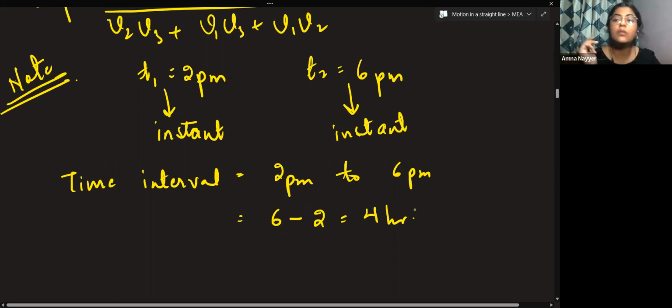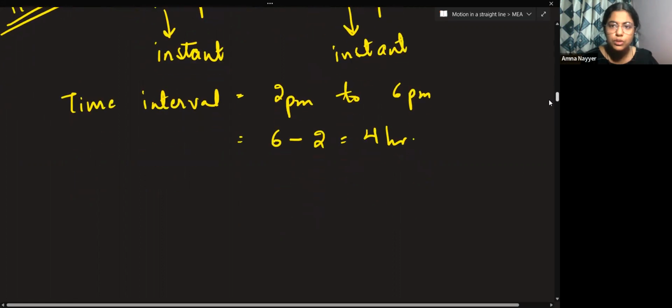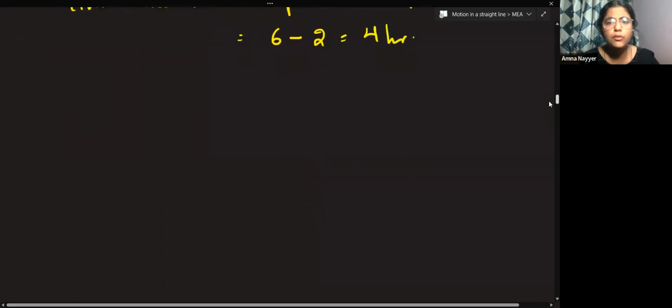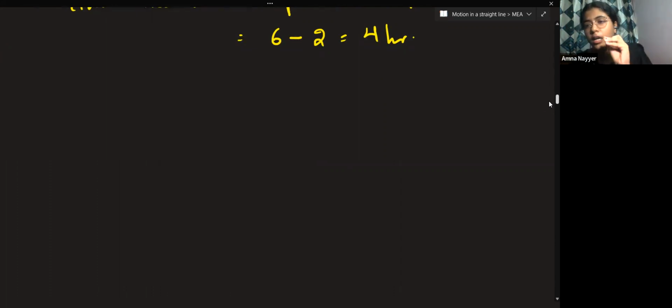Now, why were we discussing time interval? Because this will be used here. We use average speed for calculation over a time interval, but if you need a specific velocity, a specific speed, a specific acceleration, any physical quantity at a specific instant, then we use instantaneous speed for calculation.